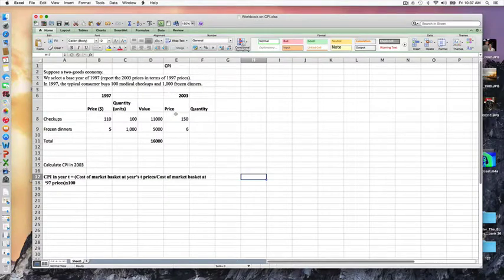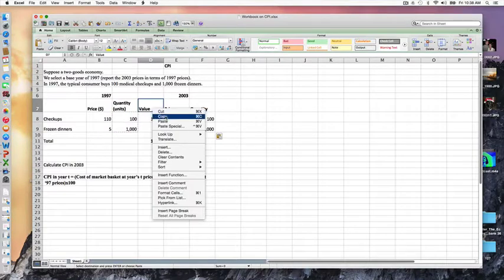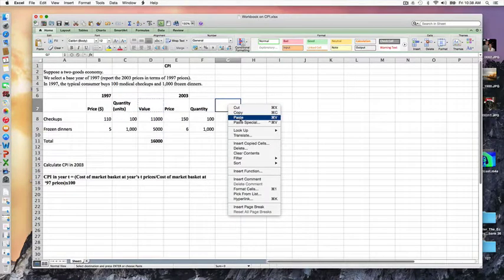Now for 2003 we have price changes, but we don't have quantities. Here you have to remember from the theory that the theory assumes that the market basket itself, meaning how many goods and services I buy every year, stays the same or approximately the same. So in this case I'm going to just copy the quantities from here to here, and then I'm going to calculate the value for the later year.